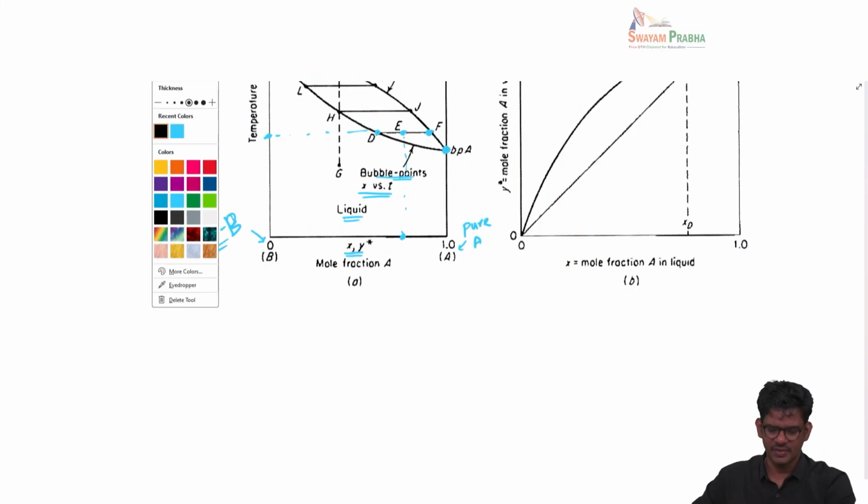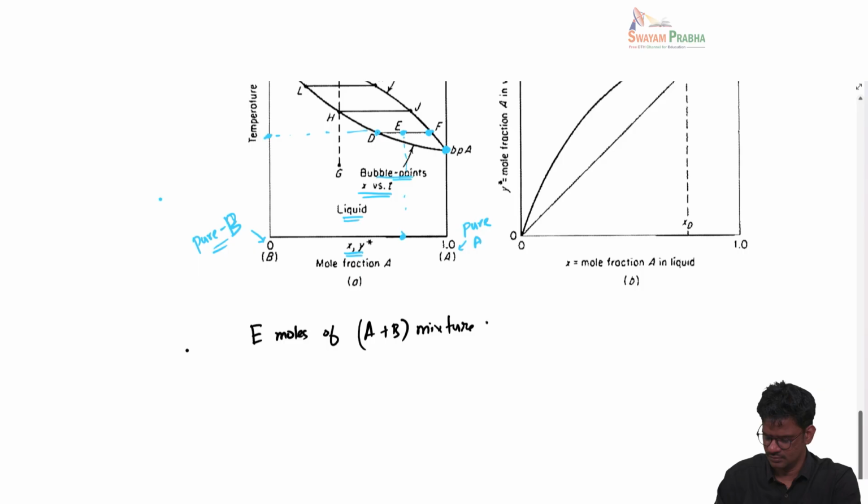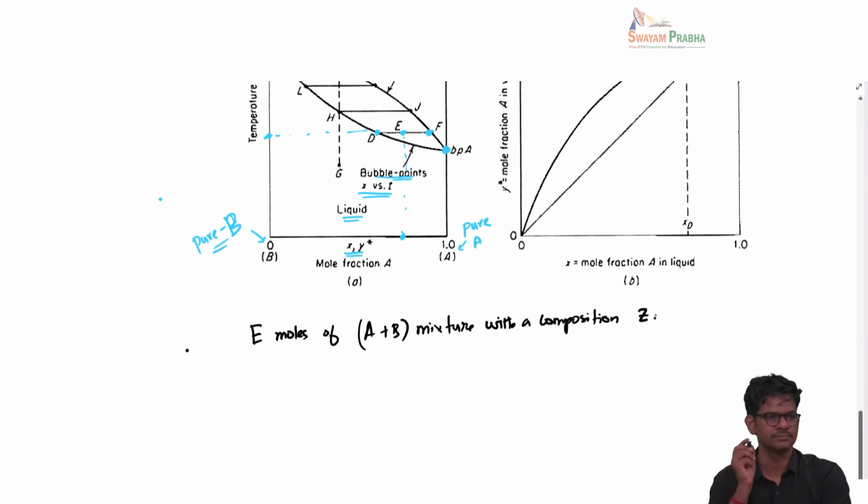So, let us say that we start with E moles of A plus B binary mixture with a composition Z.